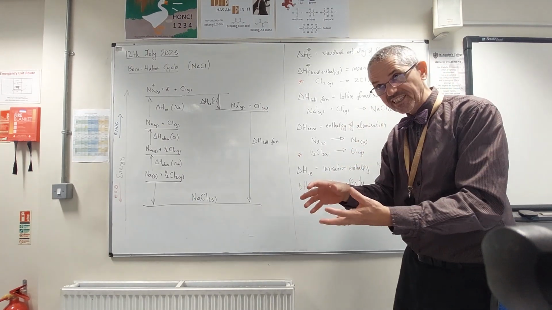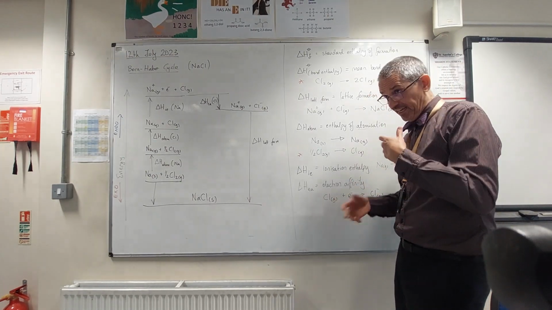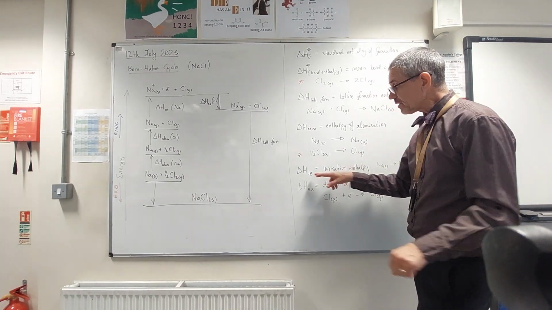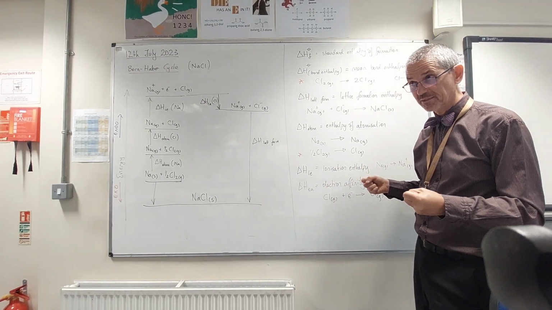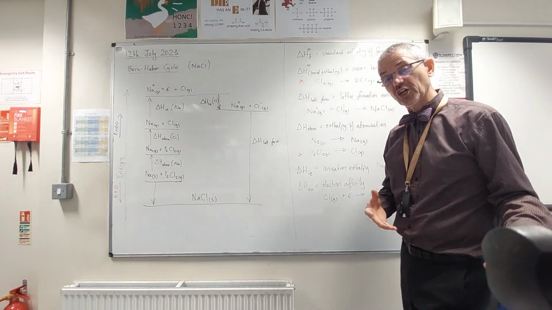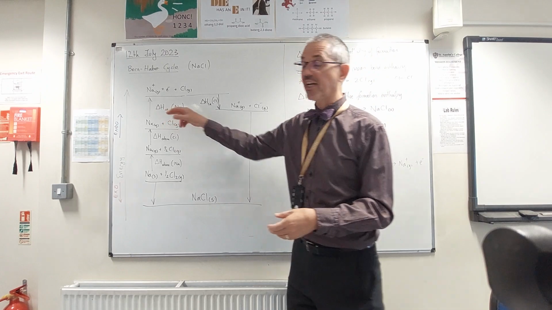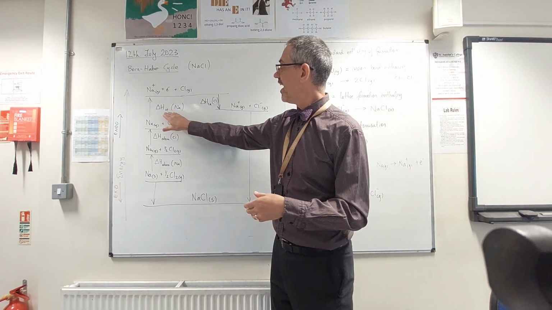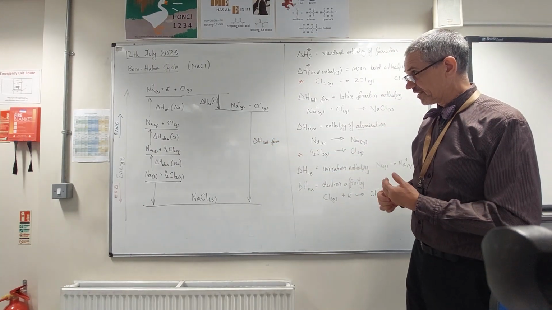As that electron falls into the atom, gains its place on the outer shell, energy is released. In exactly the opposite way to pulling an electron out of a sodium atom, where I have to do work to get that electron away from the charge of the nucleus, so that requires me to put energy in. So first ionization is always endothermic, first electron affinity is always exothermic.